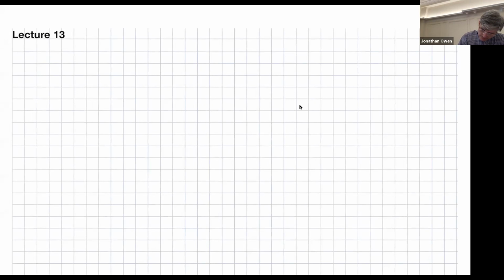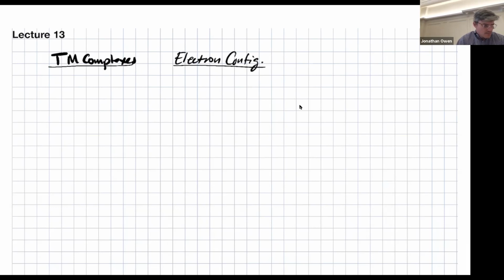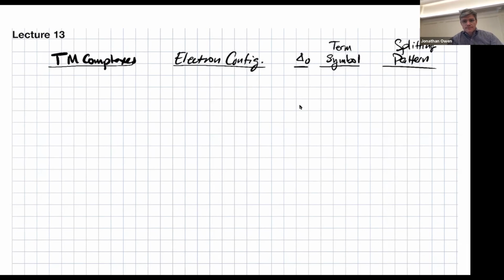We're going to look at some transition metals, the delta O, the term symbol, and the splitting pattern.